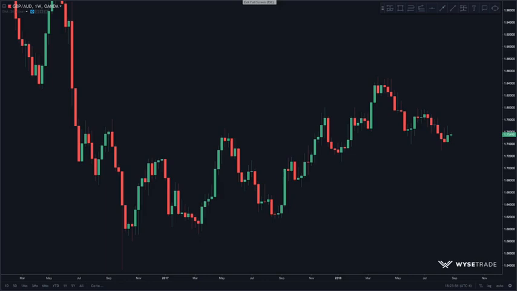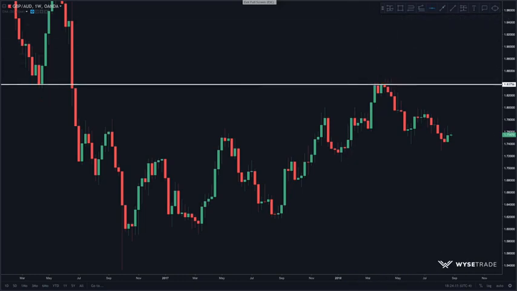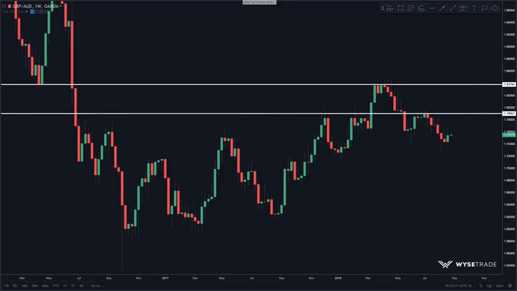At the top here, this level acted as support here and resistance here. So we draw in a level. Next we have two rejections, another level. Next, 5 rejections. Draw in another level.